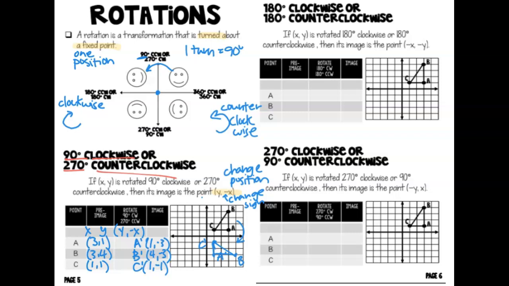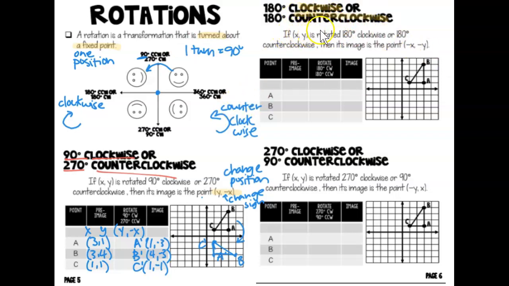Okay, we're going to try that again. We have 180 clockwise or 180 counterclockwise. So notice that it is the same position, whether we're clockwise or counterclockwise.